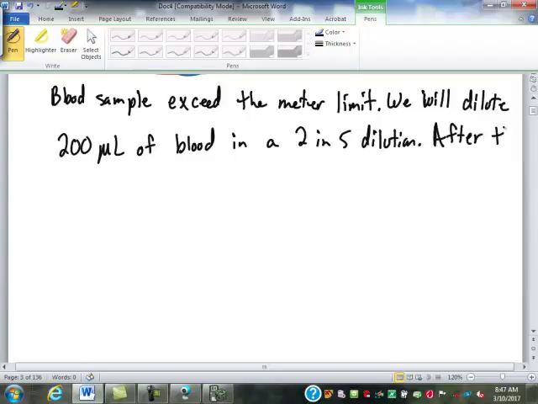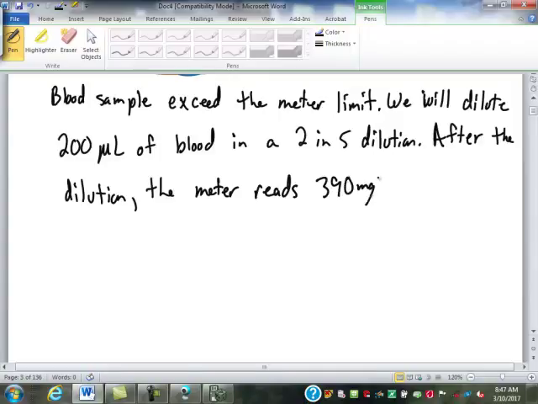After the dilution, the meter reads 390 milligrams per deciliter.